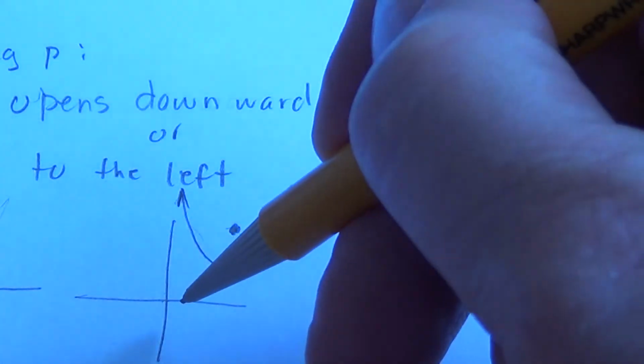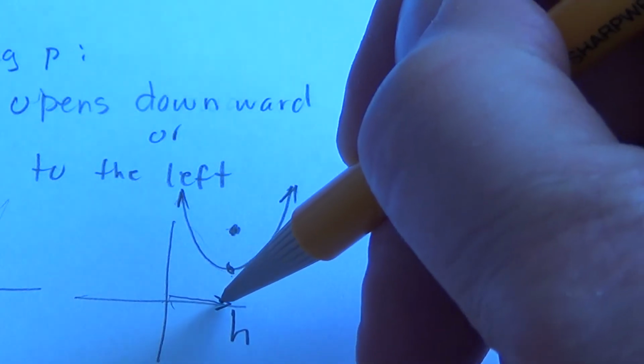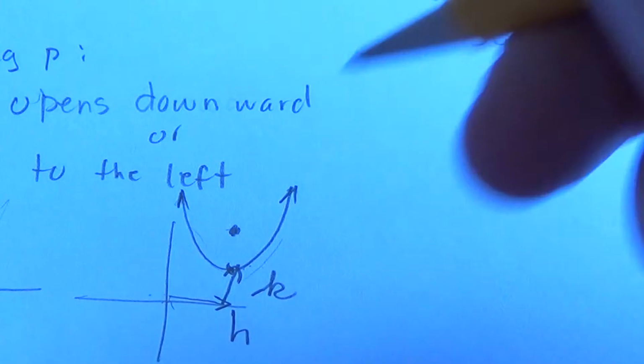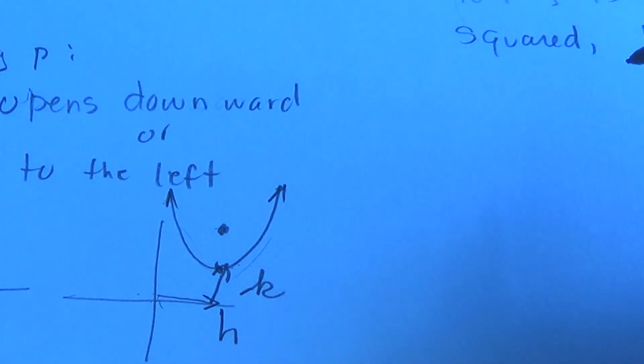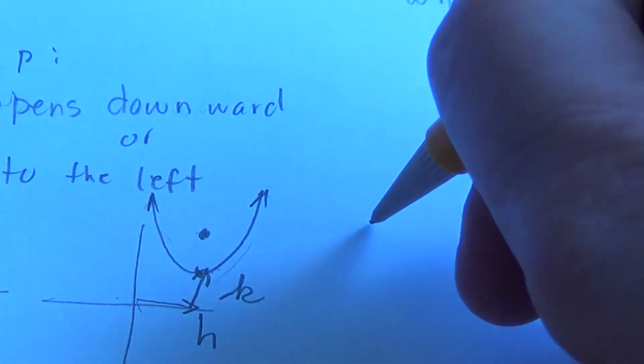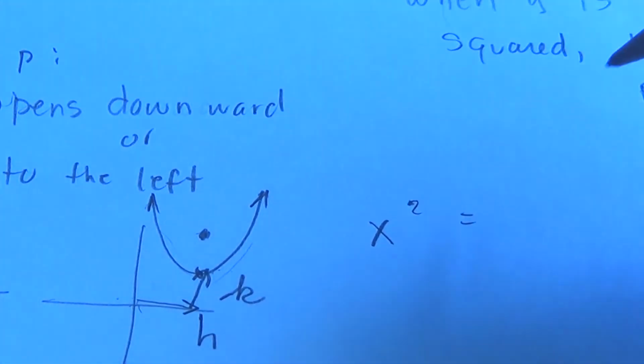And it turns out if we moved over, say, h, and we went up k from the origin to get to the new vertex, the equation looks very similar because this one was x squared equals 4py.